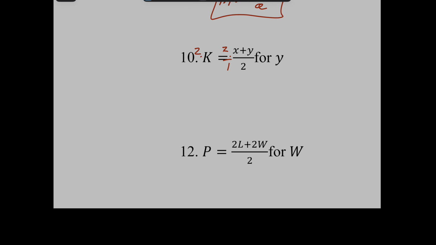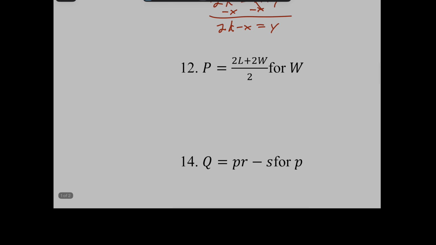That's like 2 over 1. These are going to cancel out, and I'm left with 2k equals x plus y. I want to solve for y. The x is adding, so I'm just going to subtract the x from both sides, and I'm going to end up with 2k minus x equals y.